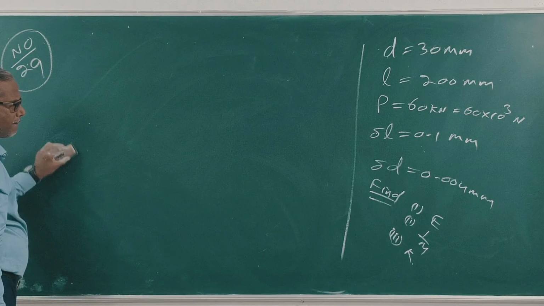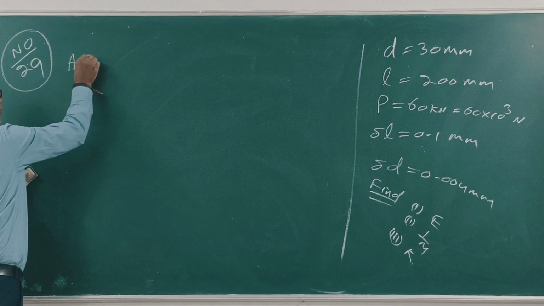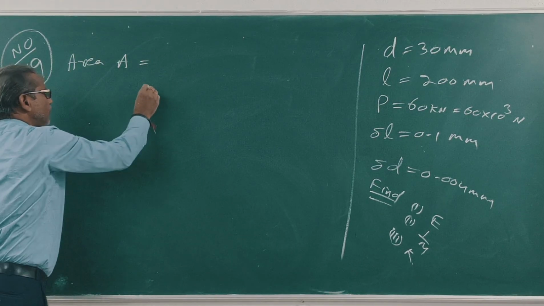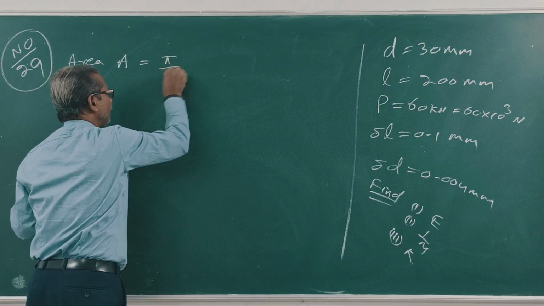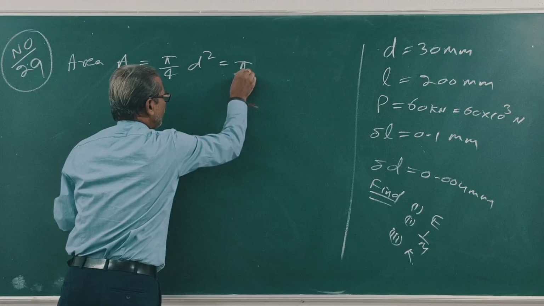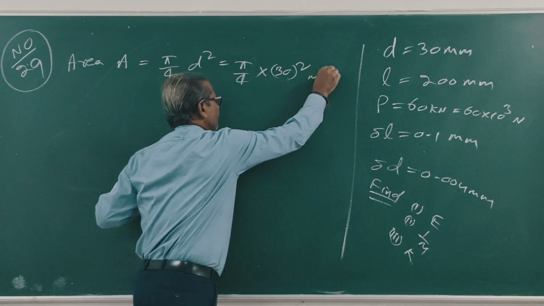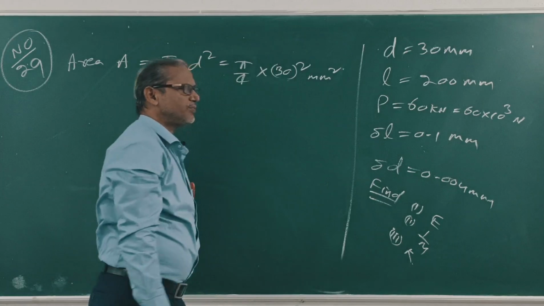Now, area. What is area equal to? Pi by 4 into D squared. So pi by 4 into 30 squared. This is the area in mm². Clear?